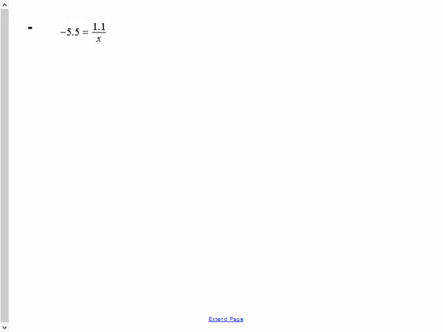And I think our last question of our regular algebra. Now this is second last, sorry, on the one sheet. The first thing it says is negative 5.5 equals 1.1 divided by x. Now this is actually a two-step equation, and what we're going to do is multiply both sides by x. And when I multiply both sides by x, over here I'm going to get negative 5.5 multiplied by x, or simply a coefficient to x, equals 1.1.